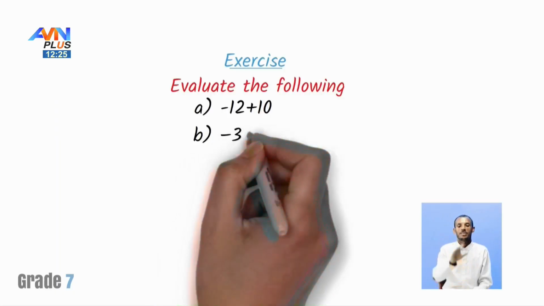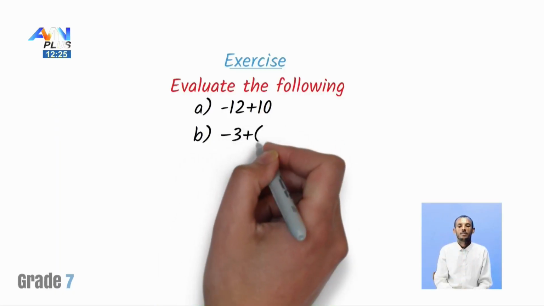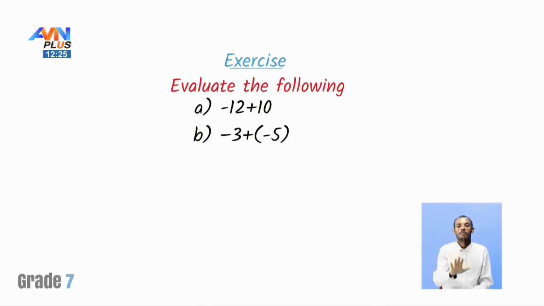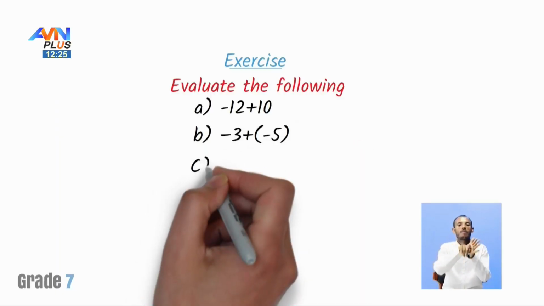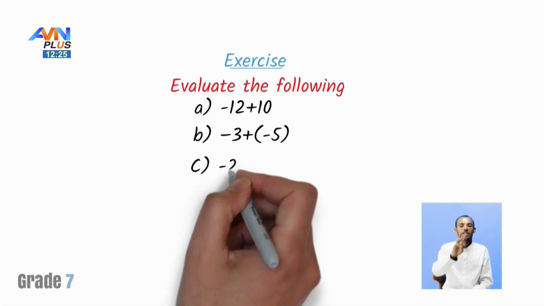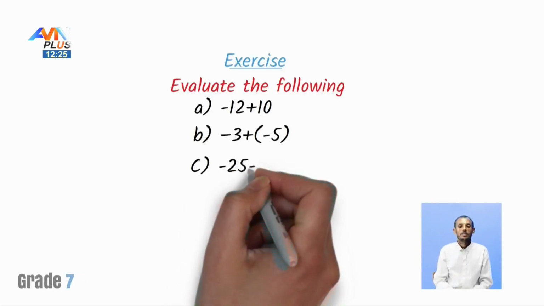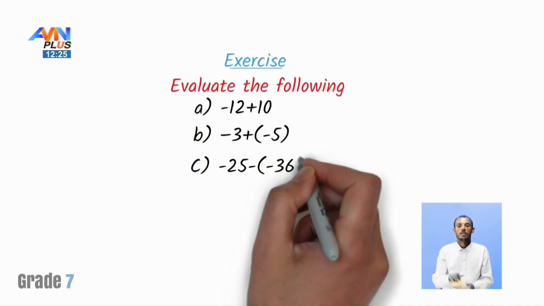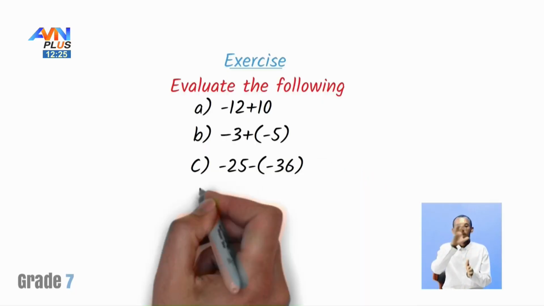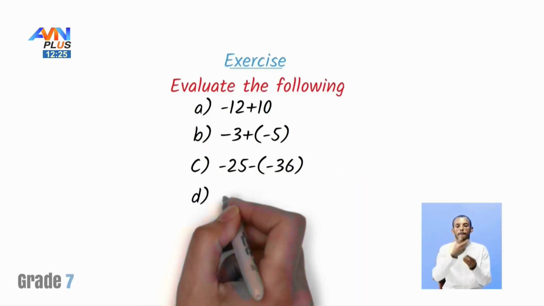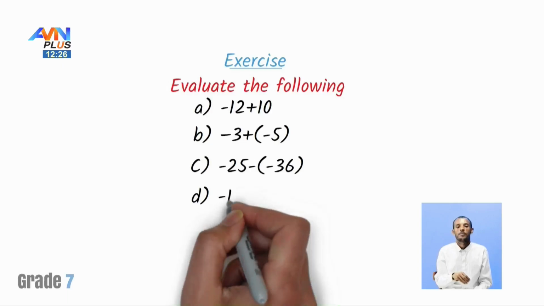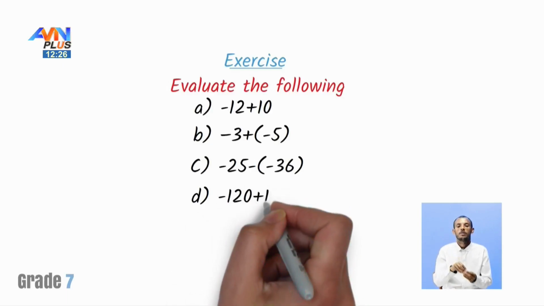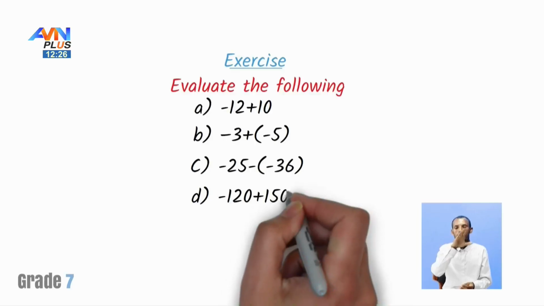And C, negative 25 minus negative 36. D, negative 120 plus 150.